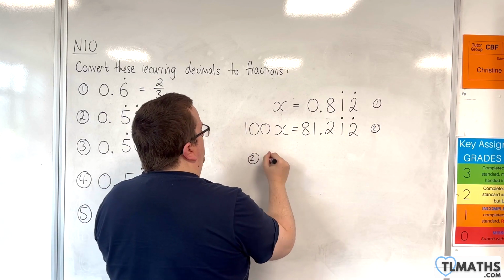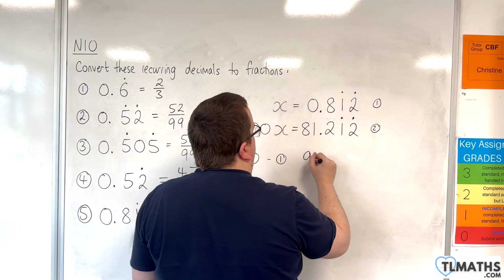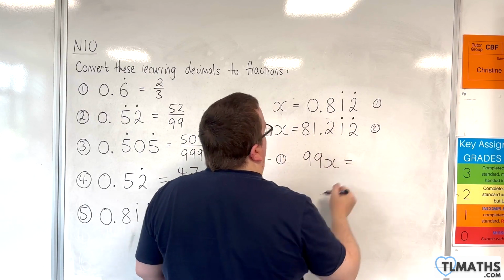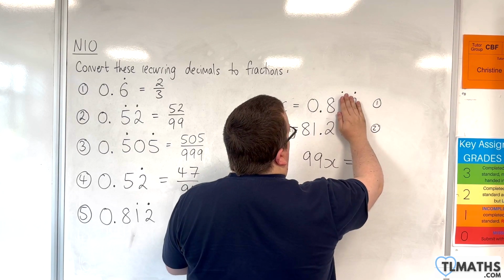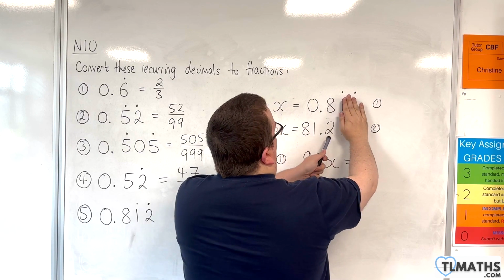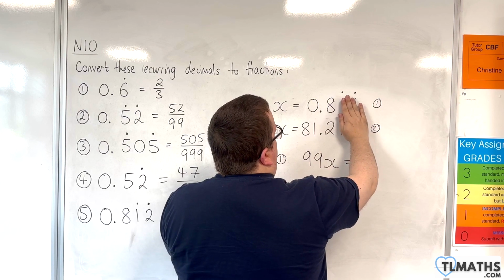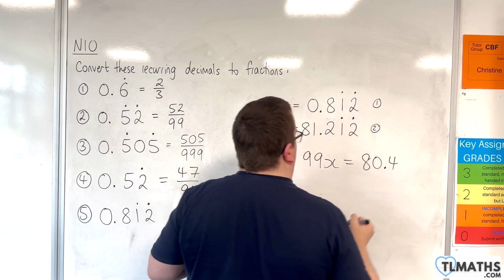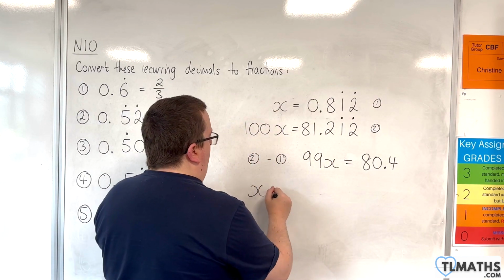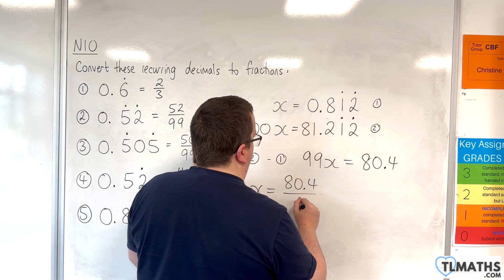So if I do equation 2, take away equation 1, we'll get 100x, take away x on the left-hand side, so 99x. And on the right-hand side, the 1, 2 recurring part will go, and I'll have 81.2 take away 0.8, which is going to be 80.4. So x will be 80.4 over 99.